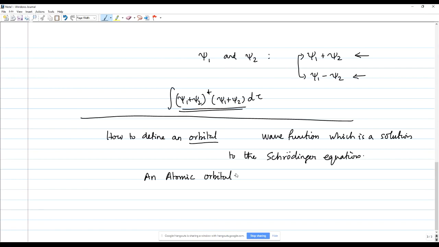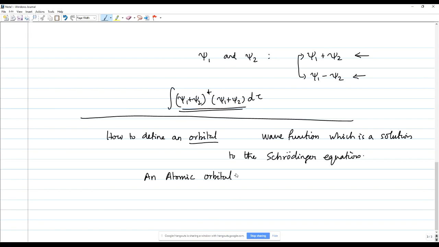Atomic Schrodinger equation essentially means that the atom, which has a nucleus and many electrons, will have the kinetic energy for the nucleus, the kinetic energy for the electrons, and then the electrons will also interact with each other. The electrons will also interact with the nucleus. If you put all these things together, you will be able to write the total energy of the atom.